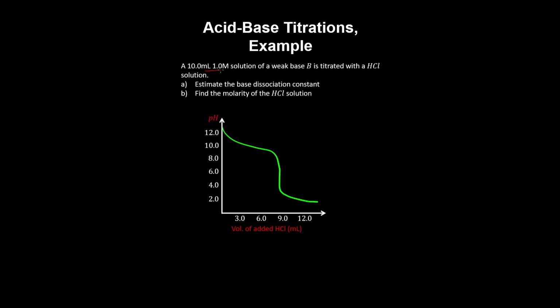A 10 ml 1 molar solution of a weak base is titrated with a hydrochloric acid solution. And in part A, we'll estimate the base dissociation constant. So the buffer reaction can be written as follows, where these are an aqueous solution.